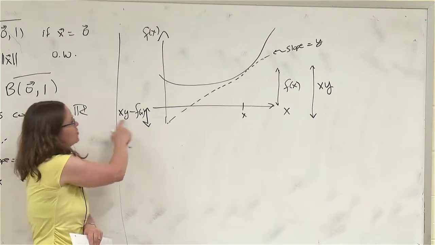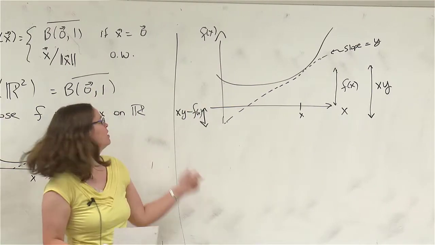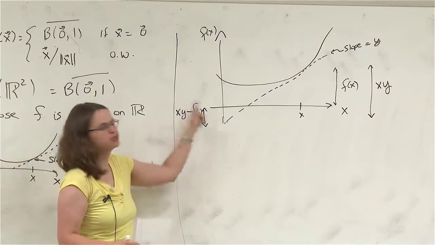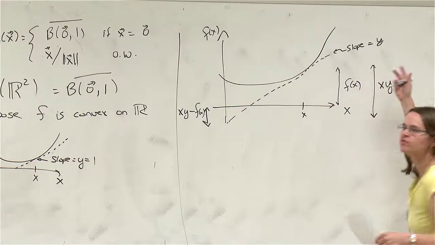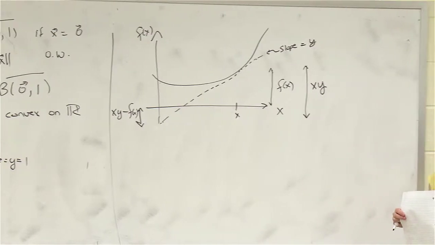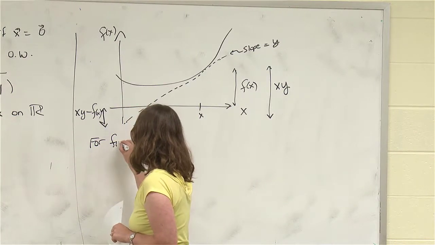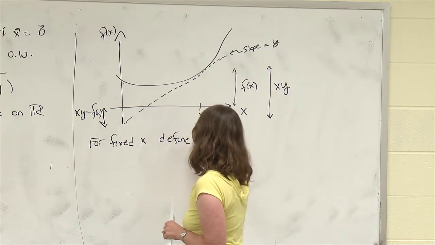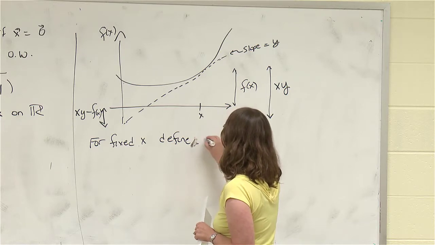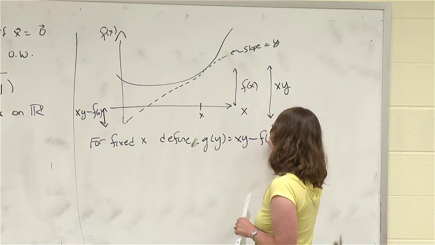Okay, so I'm going to call this g of y. So given x, fix x, I can create this new function of y. Right? And y is another way of thinking about my independent variable, we said. So for fixed x, let's define g of y to be equal to xy minus f of x.